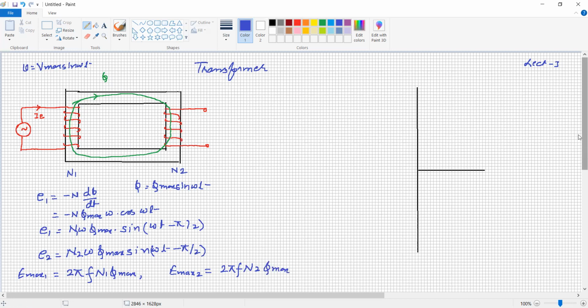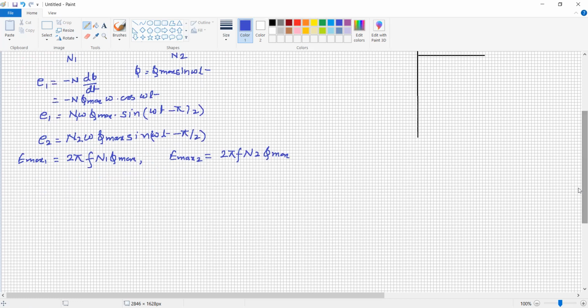Now, if you find the RMS values, E1 is equal to E maximum 1 divided by root 2, because it is a sinusoidal waveform, which is equal to root 2 pi f N1 phi maximum.